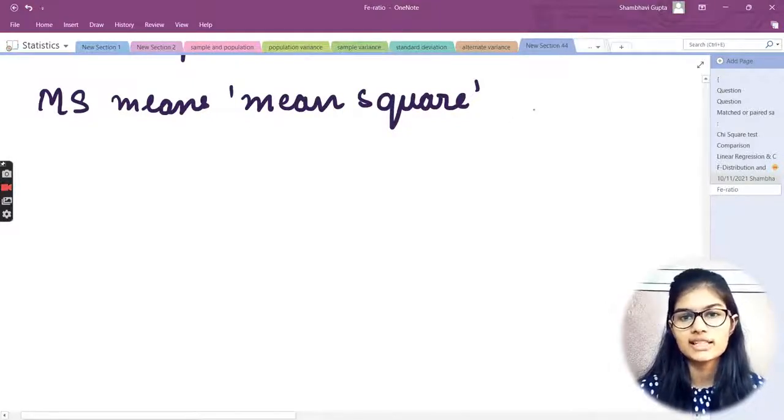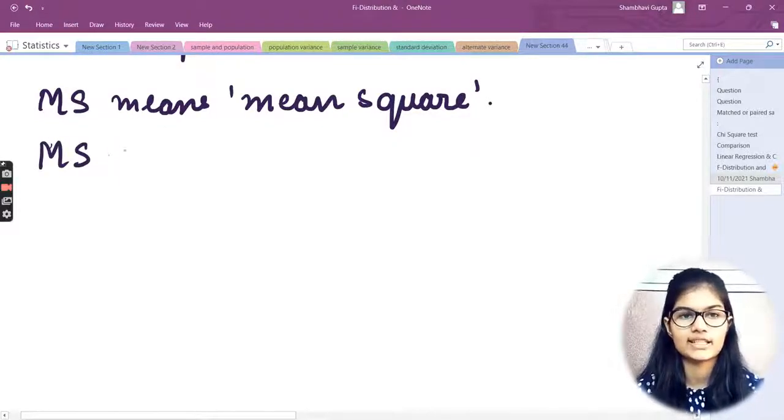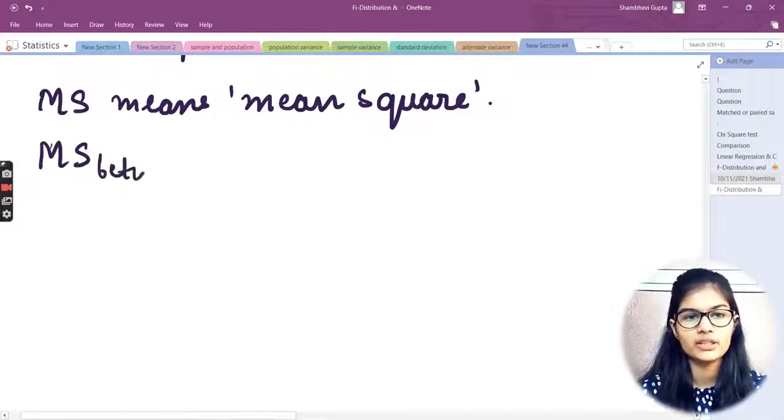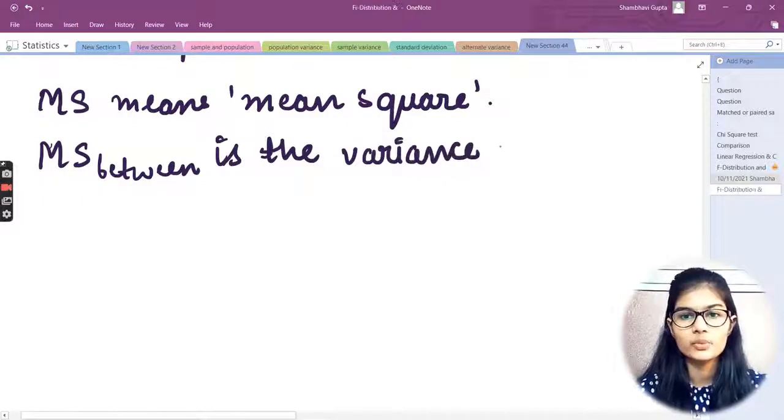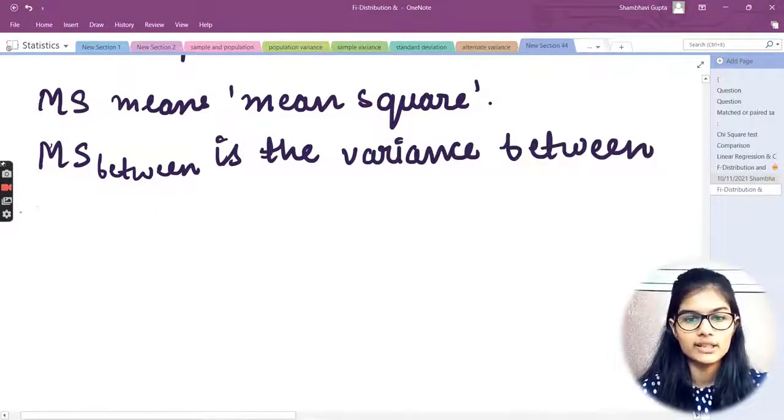Now what is MS between? Let me write that as well. So MS between, with between in the denominator.